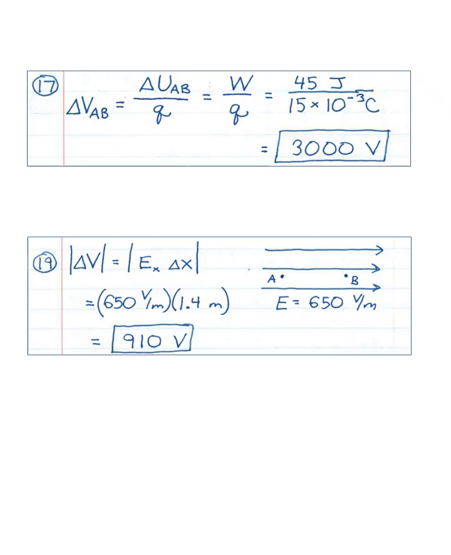So that's why I've used the absolute value signs, using the equation, but just concerned with the magnitudes because we're not actually sure what direction it should be going. But we can say it's 650 volts per meter times the distance 1.4 meters, and we get 910 volts.